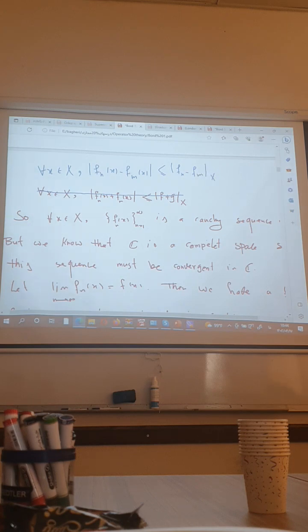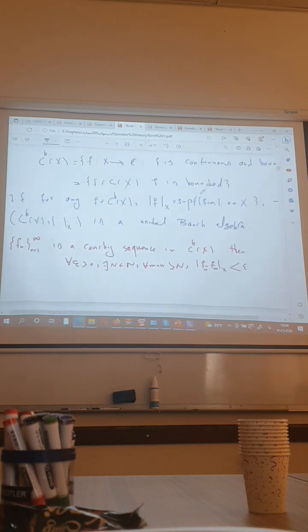Please note that we define this norm equal to the supremum of this object, so that all of this is less than this supremum. This supremum is bigger than all of this object.